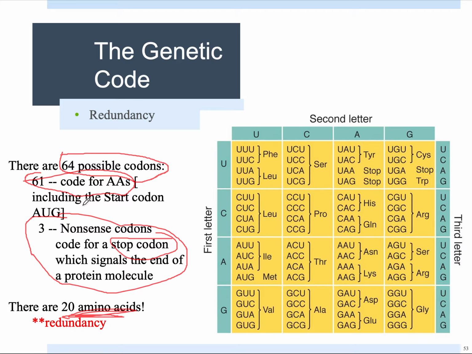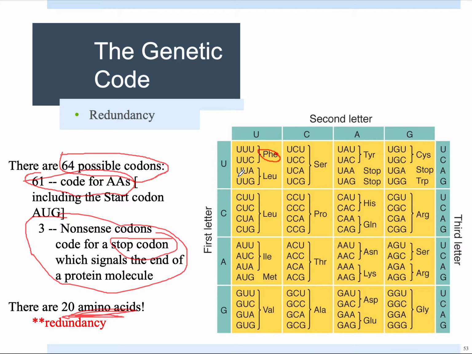This results in what we call redundancy, and this is what I mean by that. So this is one amino acid, called phenylalanine. You can see that you can have 2 different codons coding for phenylalanine. UUU and UUC will code for phenylalanine. Why don't we just have UUU and that's it? You have phenylalanine, you don't need 2.